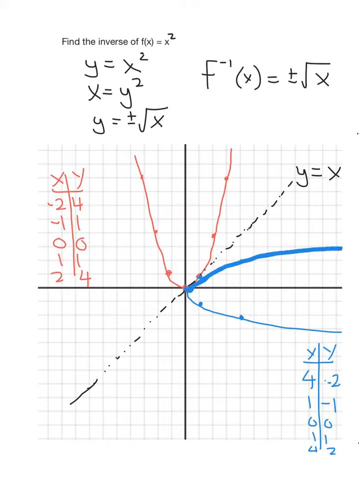And the negative root x will be the bottom bit here. Okay, so this blue line is made up of 2 parts. The top bit, y equals root x. And that will be the bit at the top here, y equals root x. And the bottom of this graph will be y equals negative root x.